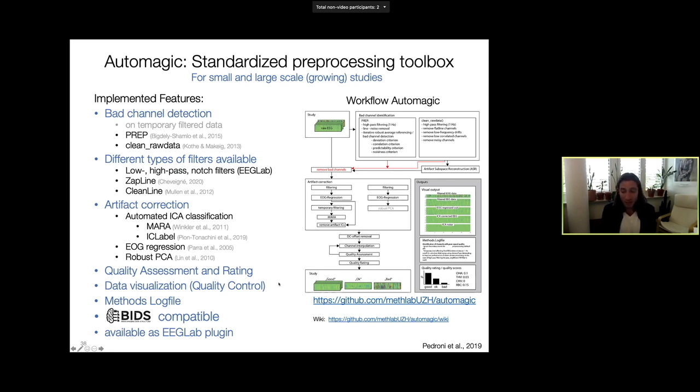Currently, Automagic is available as a MATLAB toolbox, but also as an EEGLAB plugin. And we are currently working on a Python version, which we call Pythomagic. And the code is available on our GitHub page. We also wrote an extensive wiki which explains all the individual steps and guides you through Automagic.